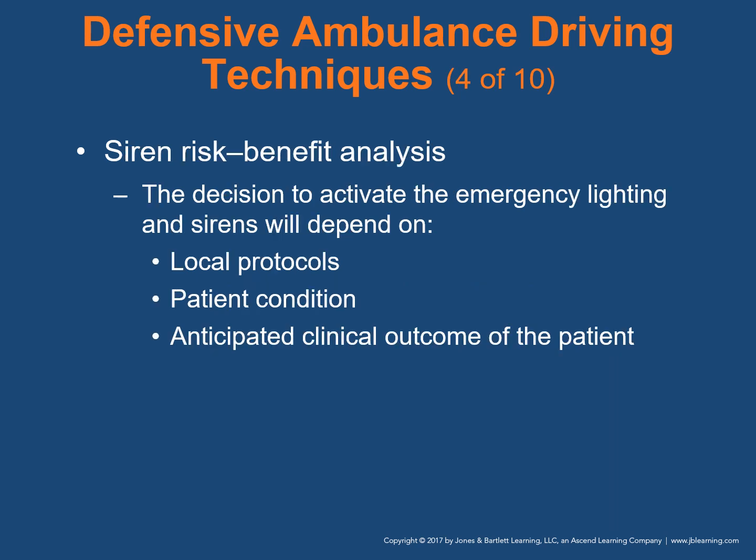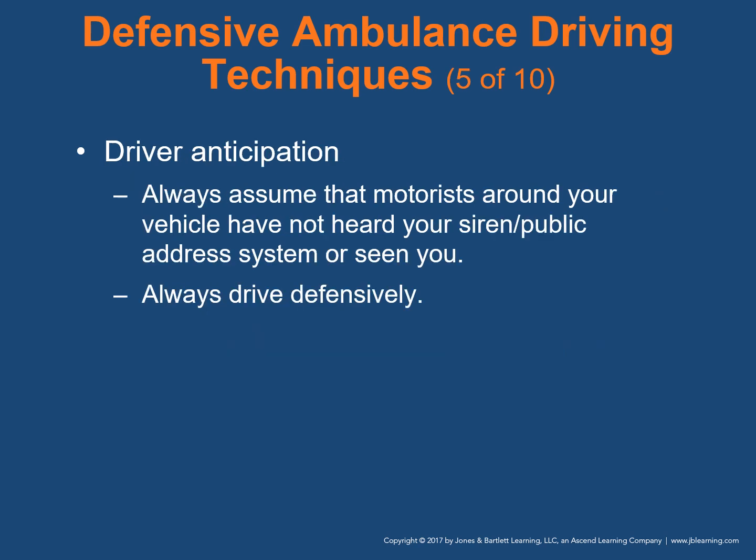Siren risk-benefit analysis. The decision to activate the emergency lights and the sirens will depend on several factors. These are established by local protocols, patient condition, and anticipated clinical outcome of the patient. Driver anticipation: always assume that motorists around your vehicle have not heard your siren or public address system, or have not seen you, until proven otherwise by their actions.